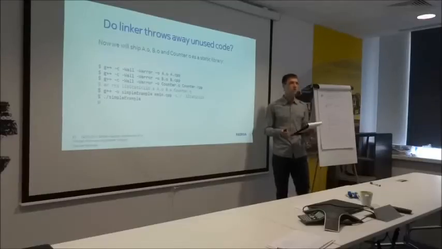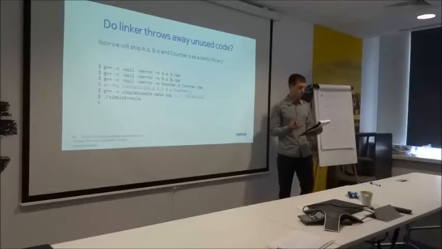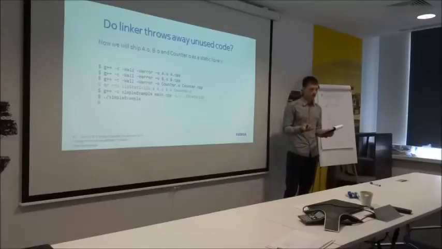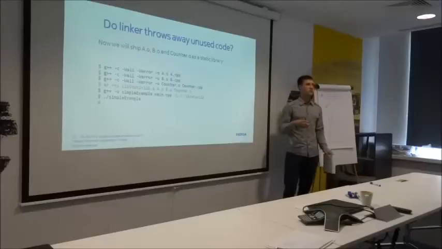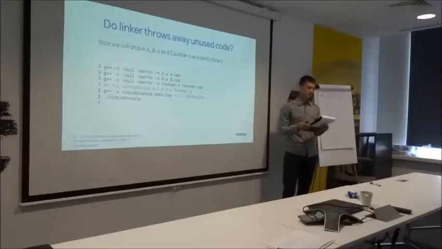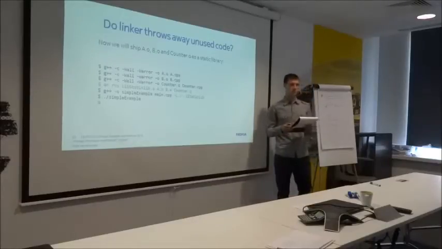Okay, and now what is this unused code? The official definition is that starting from the translation unit where main is defined, every referenced symbol causes an object file to be included.